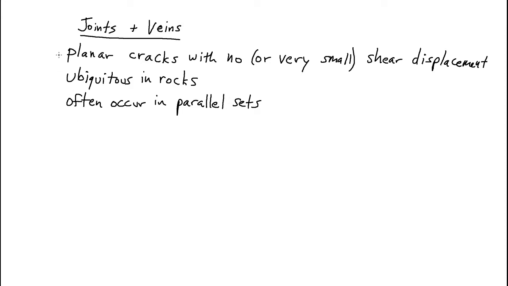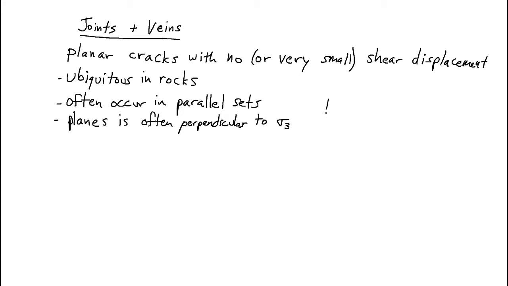And one more bullet point here. The planar surface of a joint or a vein is often perpendicular to the least of the principal stresses.